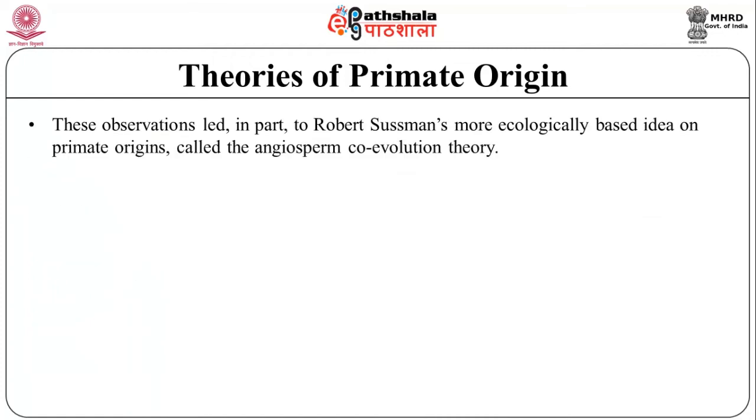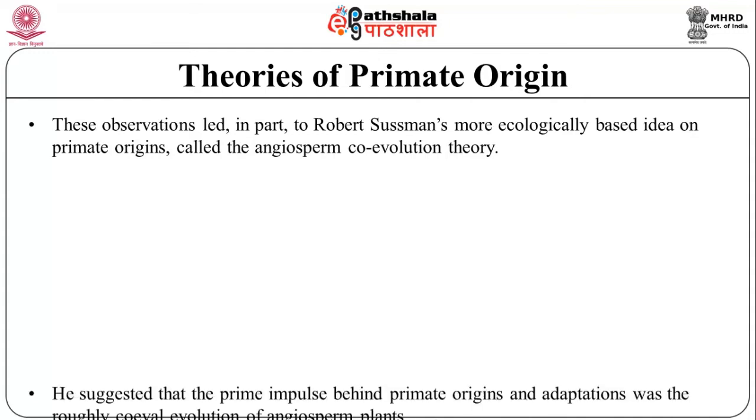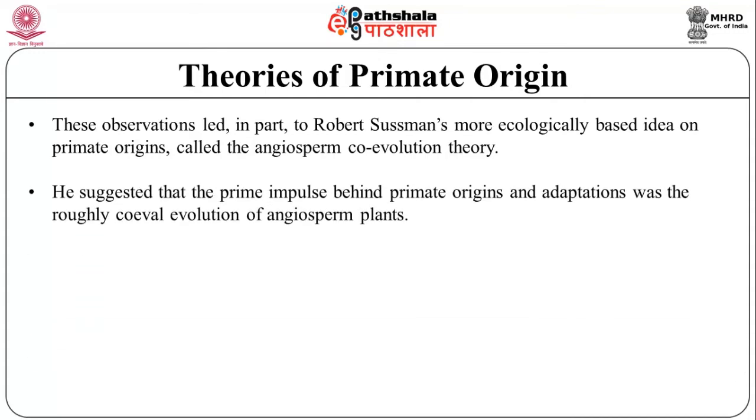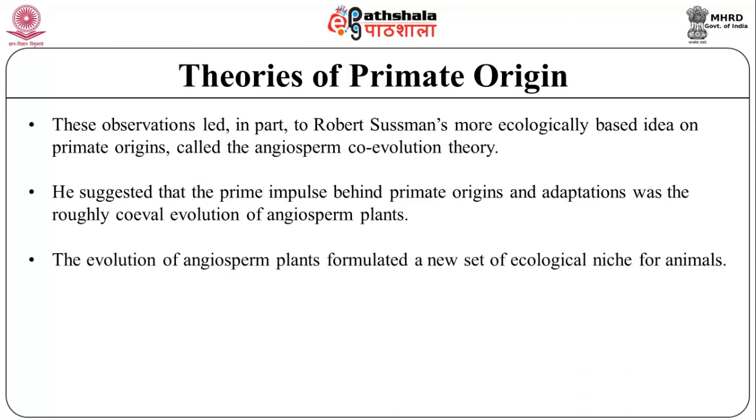This observation led in part to Robert Sussman's more ecologically based idea on primate origins called the angiosperm coevolutionary theory. He suggested that the prime impulse behind primate origins and adaptations was the roughly simultaneous coevolution of angiosperm plants. The evolution of angiosperm plants formulated a new set of ecological needs for animals.